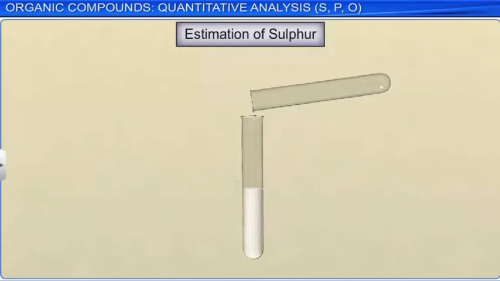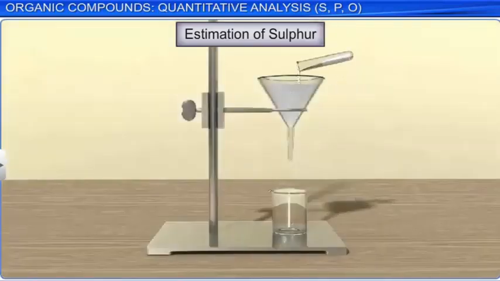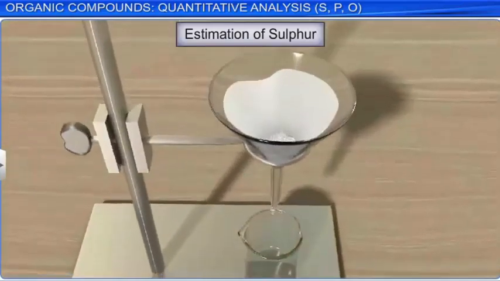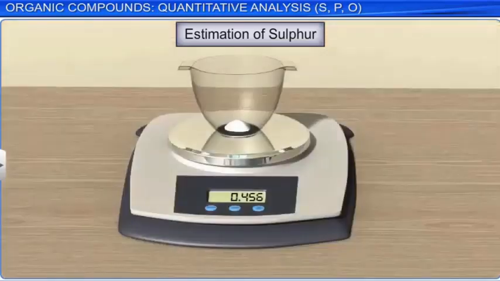It gives a precipitate of barium sulfate. This precipitate is filtered, washed, dried, and then weighed for analysis. The percentage of sulfur can be calculated from the mass of barium sulfate.